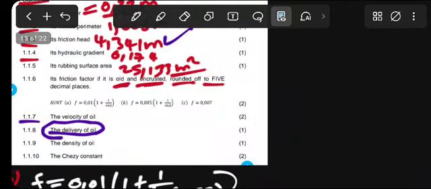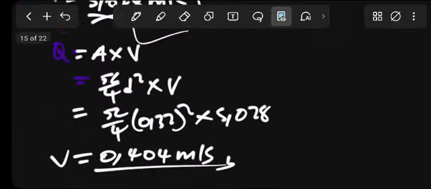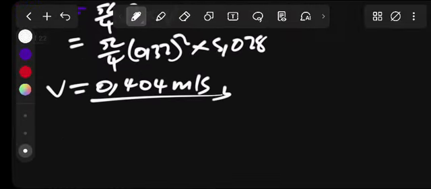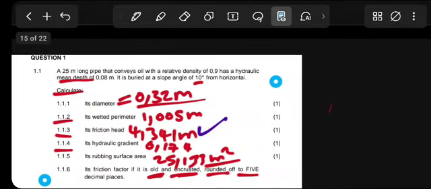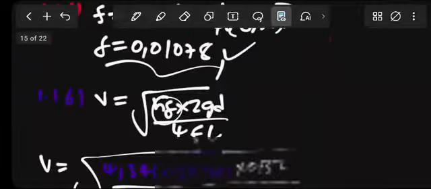Then what do we have again here? The density of the oil. All right, we're given the relative density of 0.9.